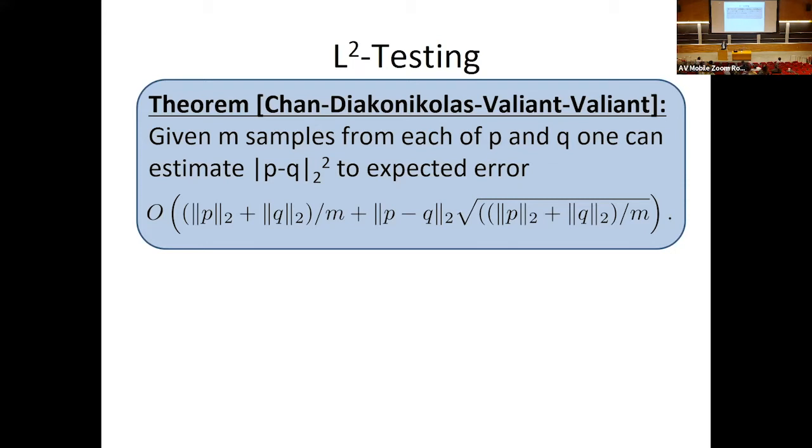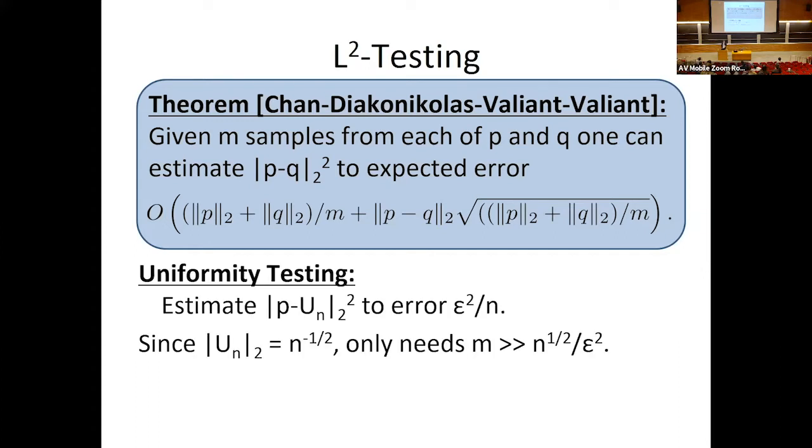Now, ideally, if you're looking at total variation distance, you'd like to estimate the L1 distance from uniform, but that turns out to be quite hard, basically because these absolute values of Pi minus Qi are hard to approximate. Whereas with L2, Pi minus Qi squared is a polynomial in the entries. That makes it easy to get an unbiased estimator. And if you compute the variance, you can estimate them to error roughly the L2 norm of P plus the L2 norm of Q divided by M, if you take M samples.